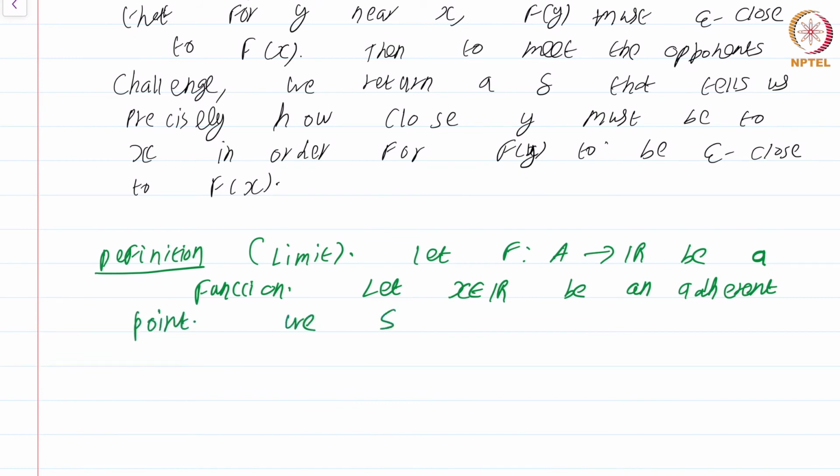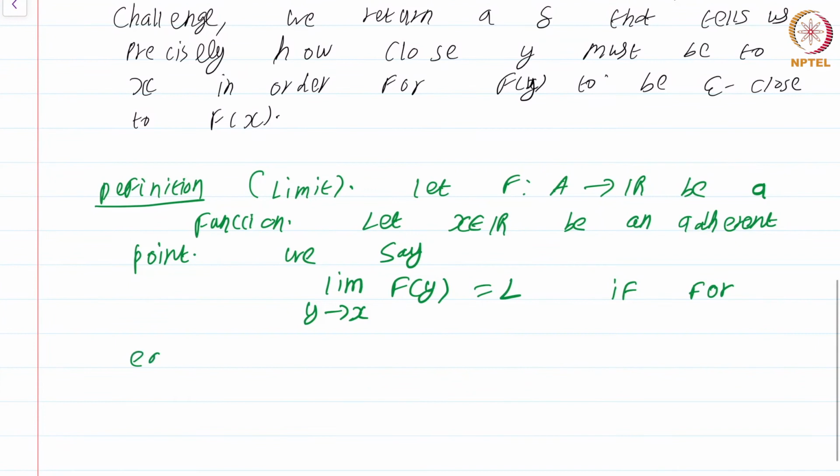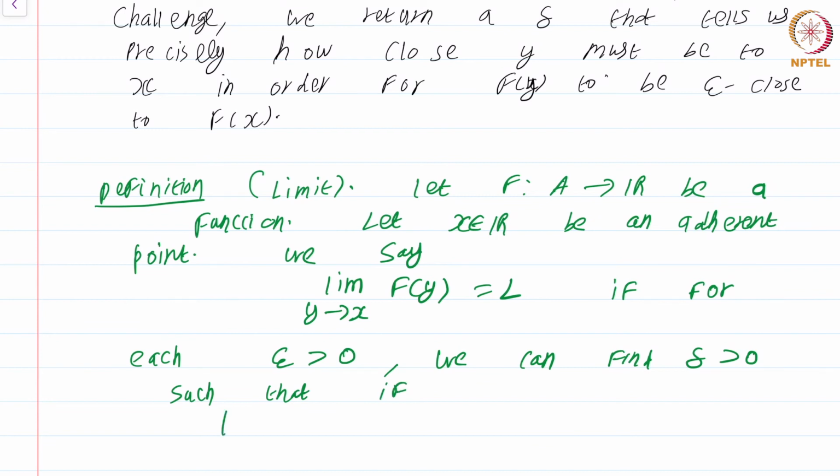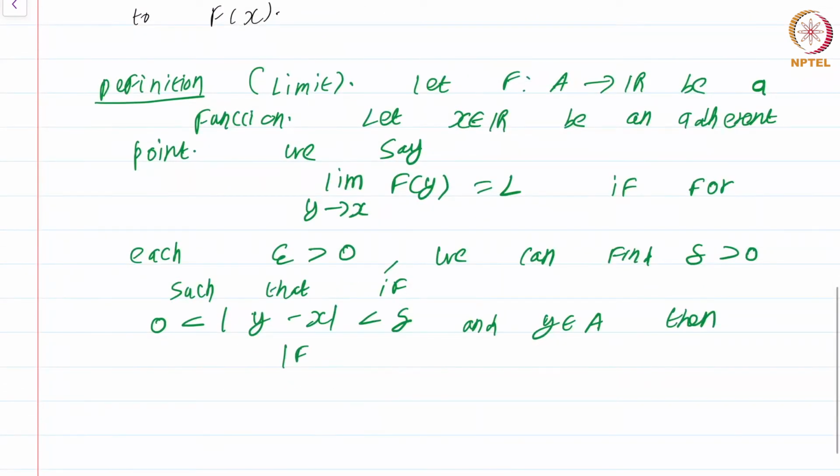We say the limit as y going to x of f of y equals L if for each epsilon greater than 0 we can find delta greater than 0 such that if mod y minus x is less than delta but greater than 0 and y is in A, then mod f of y minus f of x is less than epsilon.